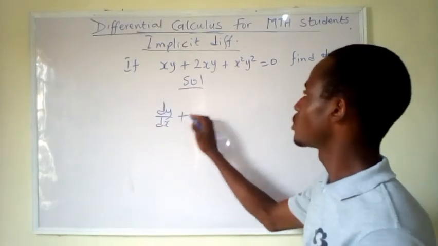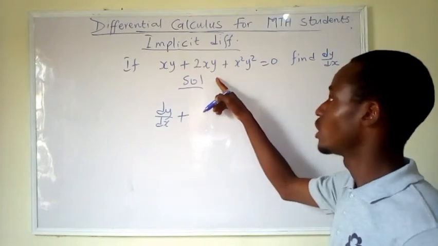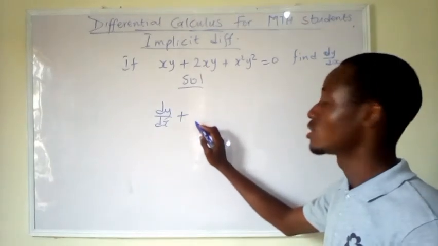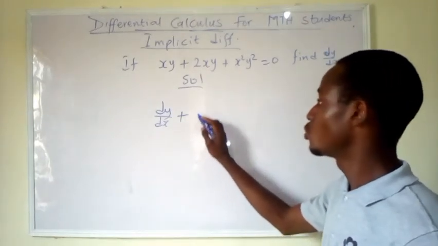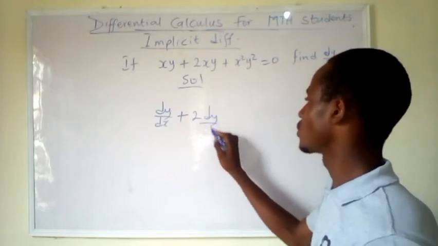And then plus, if I differentiate 2xy, differentiating 2x gives me 2, and that will be 2 dy/dx.